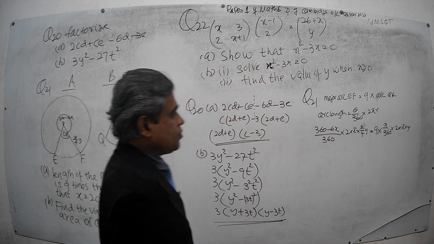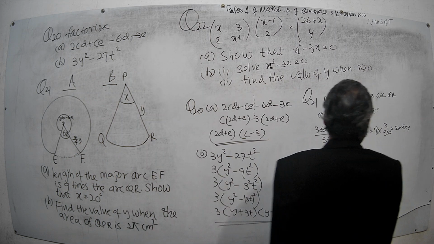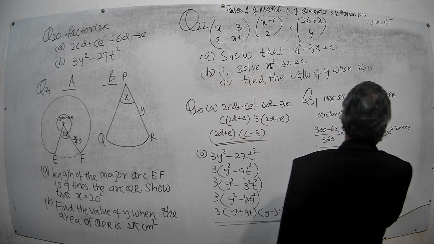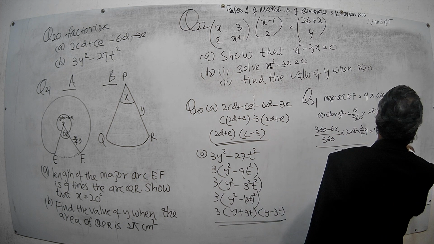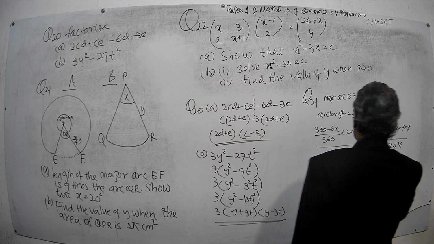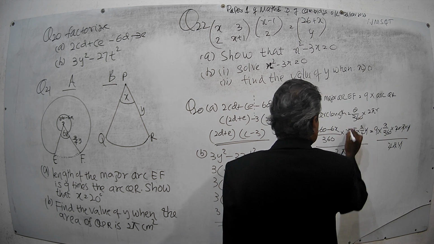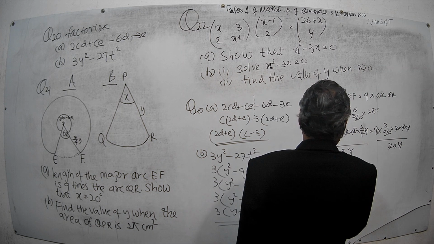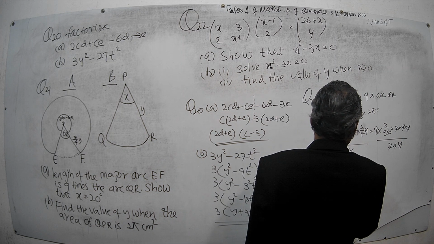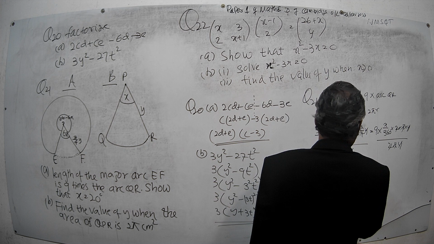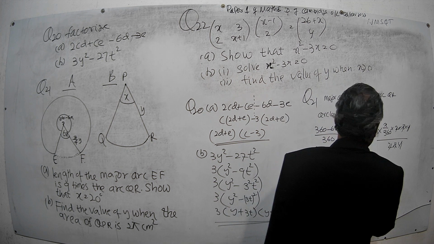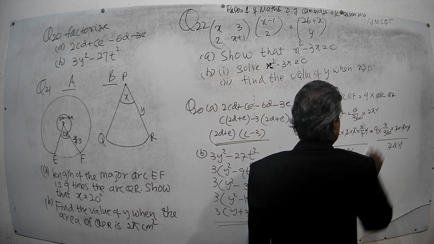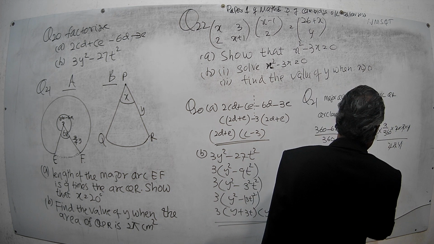Now simplify. Divide both sides by 2 pi y. Then you can cancel y, 2, and pi. Okay. Then you can write what is left: 360 minus 6x over 360, times 3 over 4, equals 9 into x, 9x over 360.